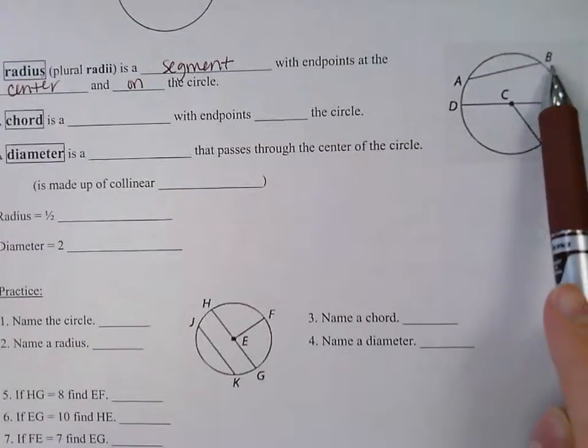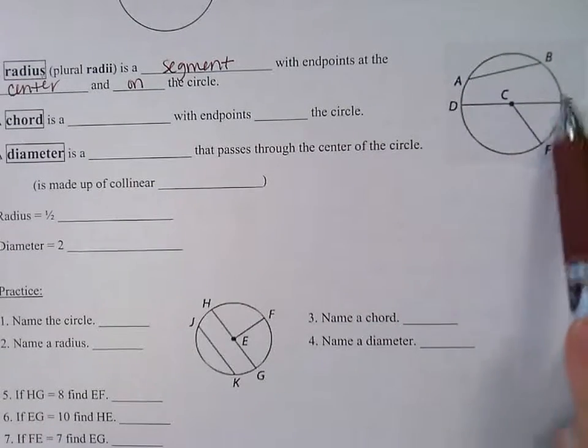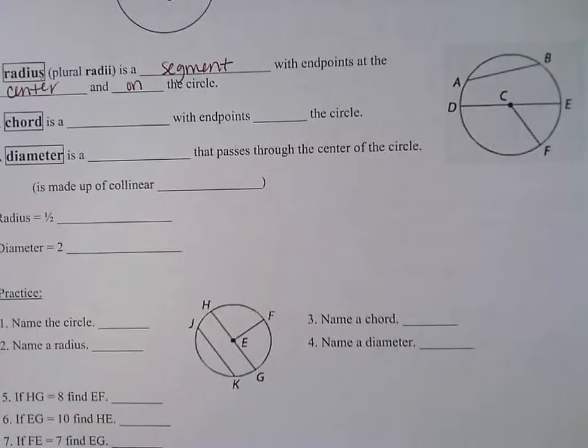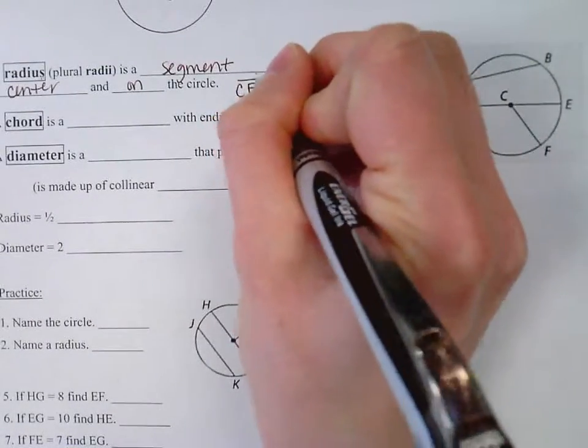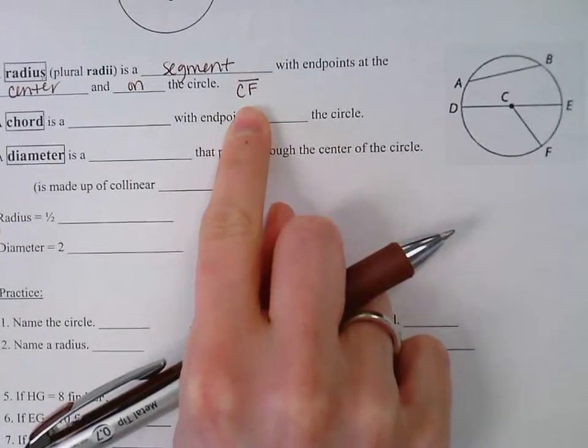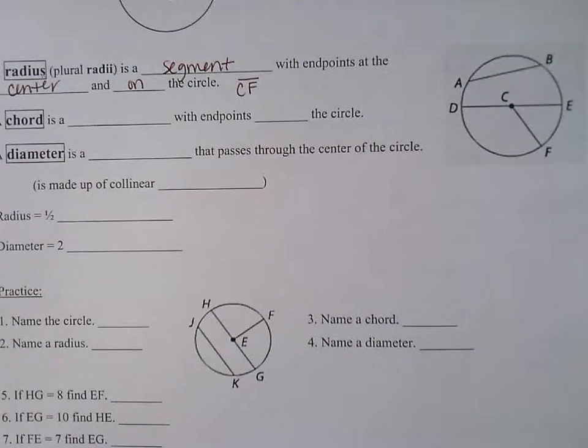Just looking at this circle off to the side here, can somebody name a radius of that circle? Isaac? CF would be a radius. And you would label it as a segment, with that line over the endpoints.